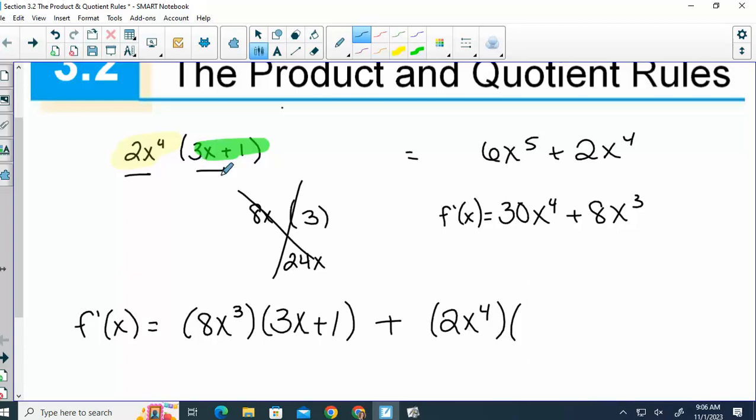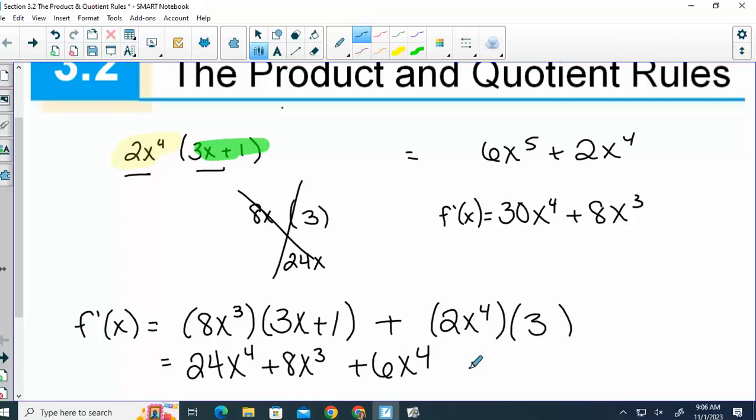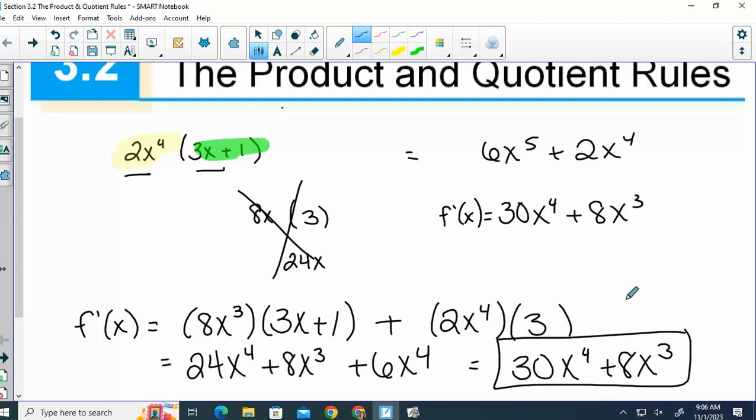Derivative of 3x is 3. So if I multiply this out, we get 30x to the fourth plus 8x cubed, which is the same answer I got when I first multiplied and then did my derivative.